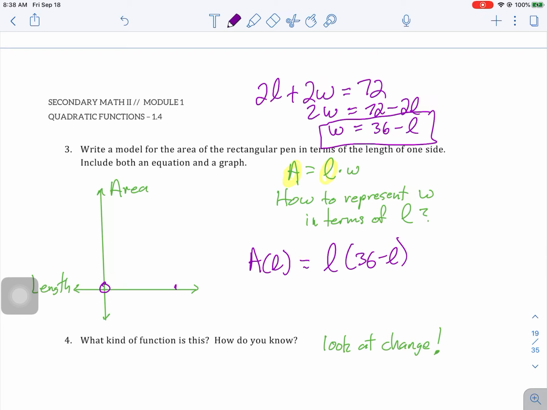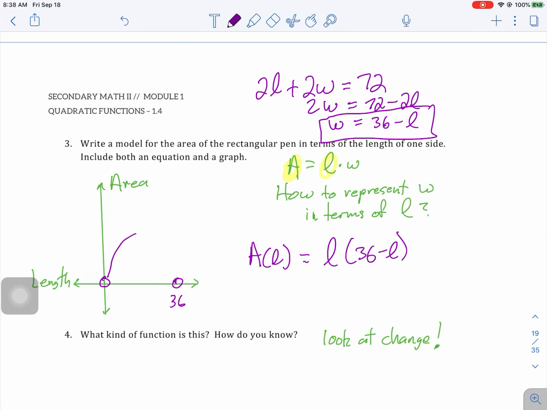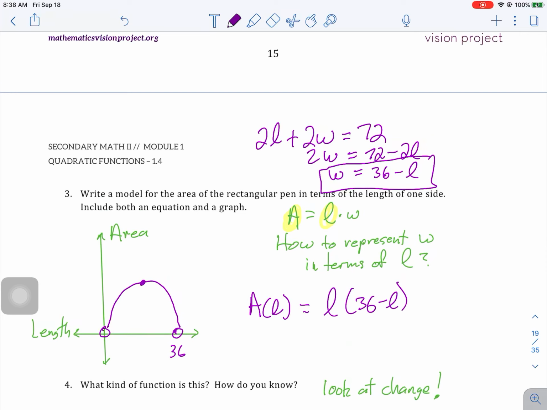And also if my length is 36, I'm not going to include that value. But you can go ahead and graph this, and I'm going to see a parabola, and my parabola is going to have a maximum value.